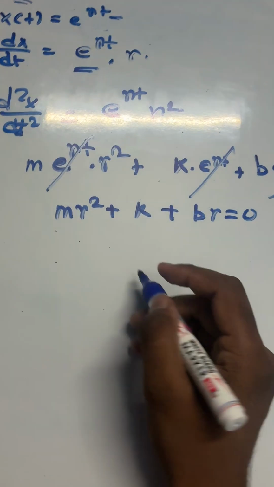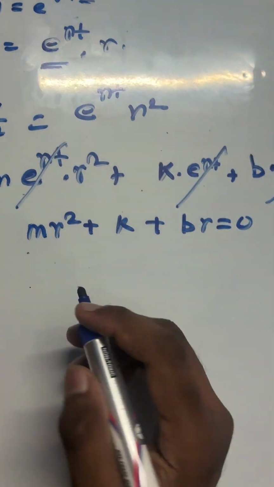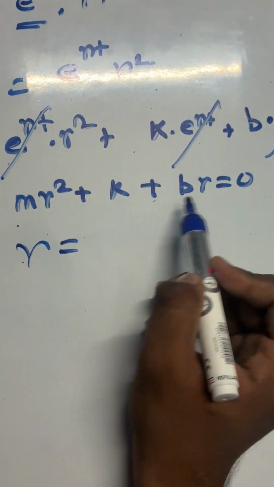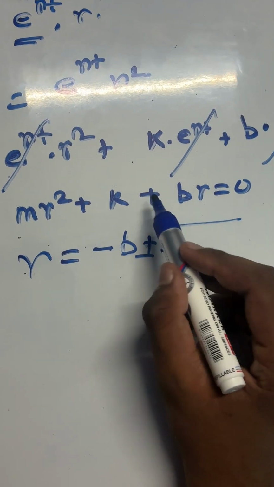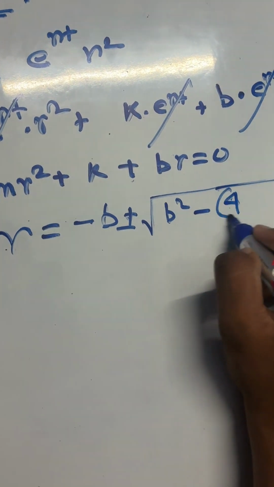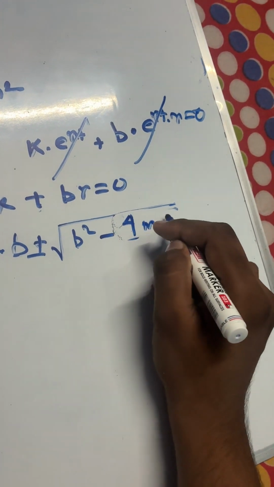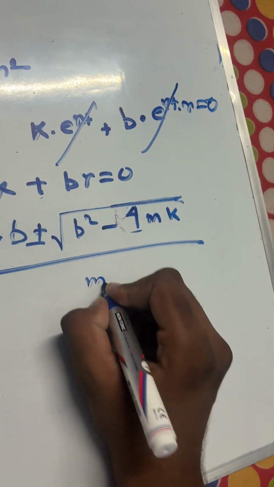So this is a quadratic polynomial. Just use the Sridharacharya formula to get the value of r. r becomes minus b plus minus root under b square minus 4mk, divided by 2m.